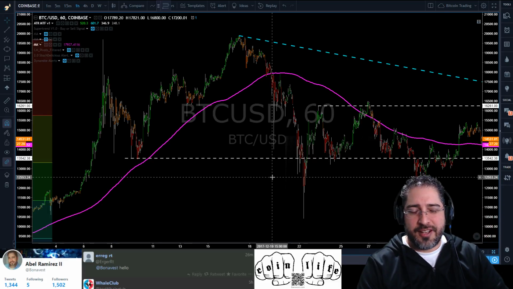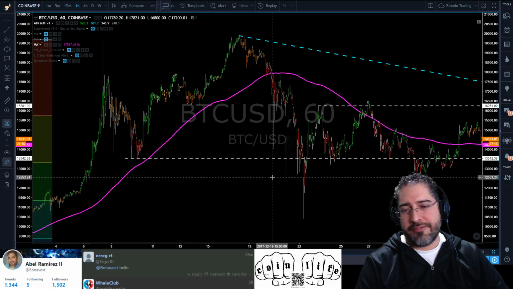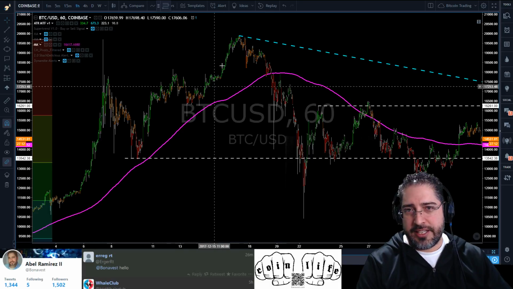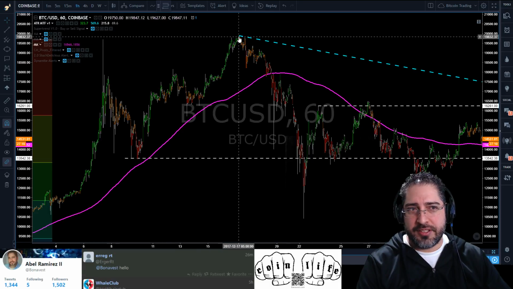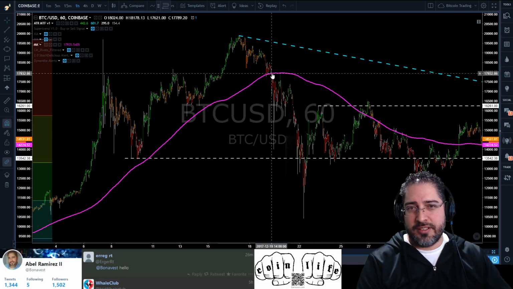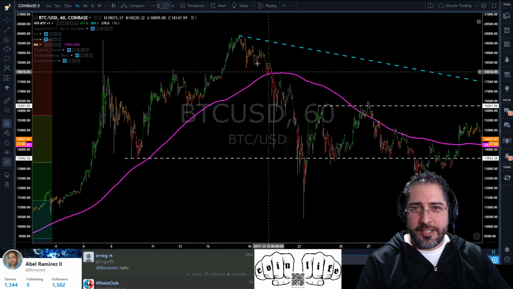So there's all kinds of stuff out there. But you'll constantly notice that moving averages lag a lot more than any other indicator. So just like here, we can see the price tapped 20,000 right here in December, and it didn't actually cross the 200 SMA till it got down to like 17.5. So there's a lot of lag in that type of a moving average.